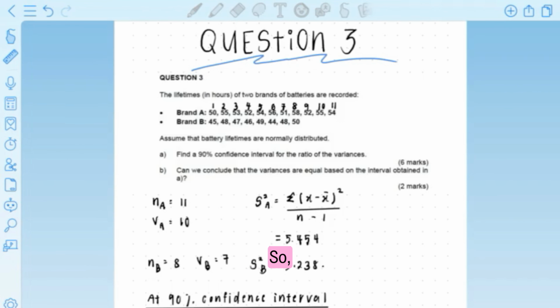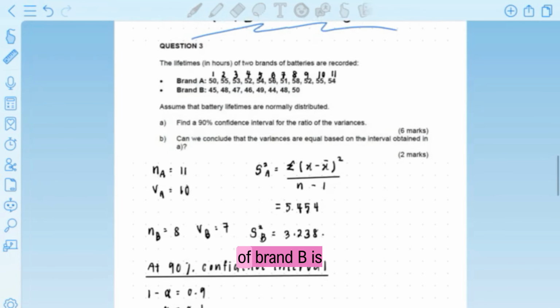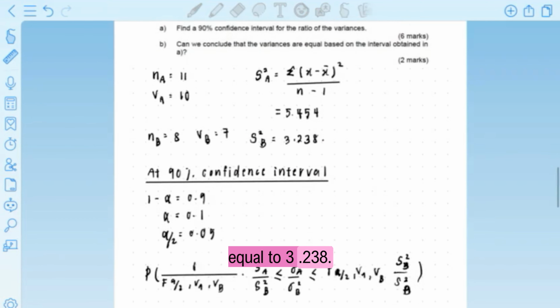So what we get is that brand A has 11 samples, meanwhile brand B has 8 samples. So the next step is we need to find the sample variance of the respective brands. The sample variance of brand A is equal to 5.454. The sample variance of brand B is equal to 3.238.